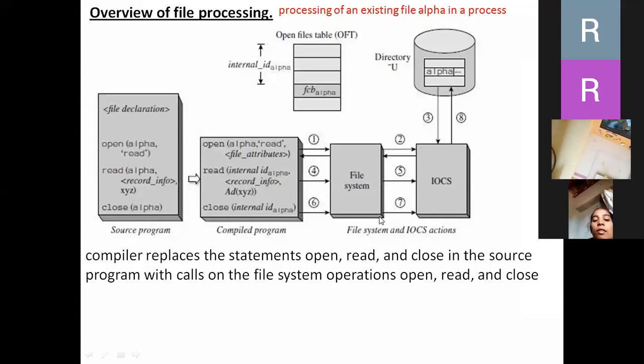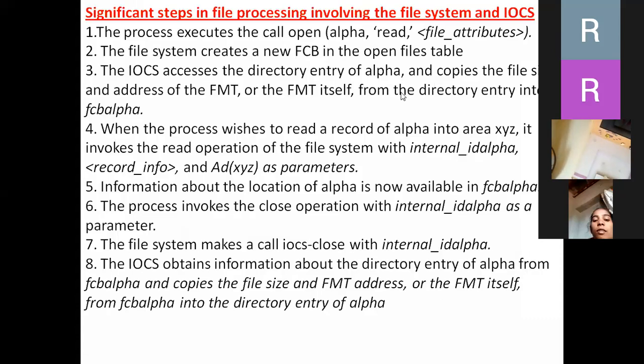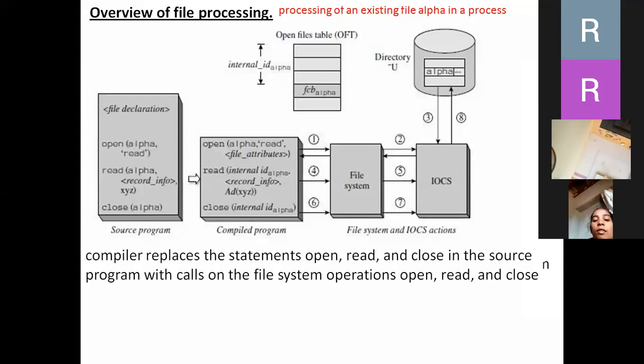And the 8th step is, now the IOCS will get the information about the directory entry of the file alpha from the FCB alpha and copies the file size and FMT address from the FCB alpha into the directory entry of the file alpha. So these steps have been recorded here from 1 to 8, and from an examination point of view, you need to practice these steps, 1 to 8. Important steps in the file processing involving the file system operations as well as the IOCS operations.